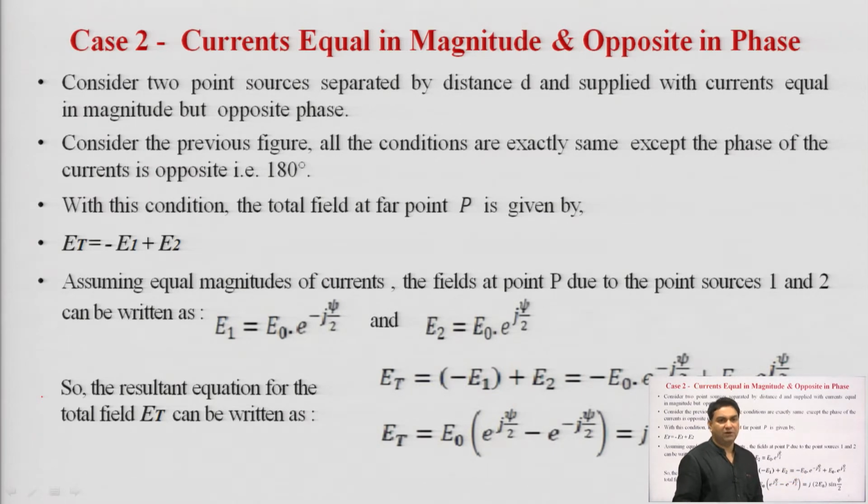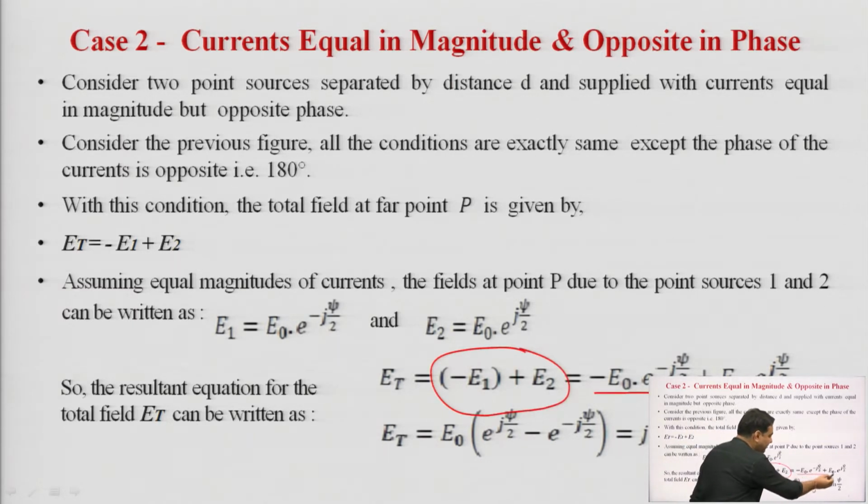So, the total field strength E t is equal to E1 plus E2, and because these two E1 and E2 are out of phase, the vector sum of these two field strengths can be written like this, and this can also be given like this.